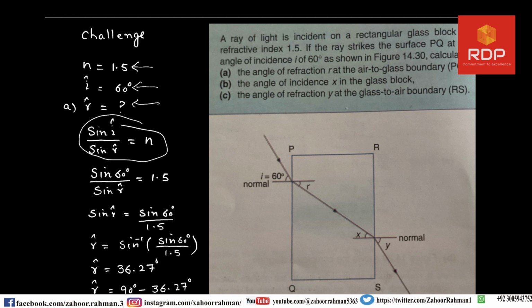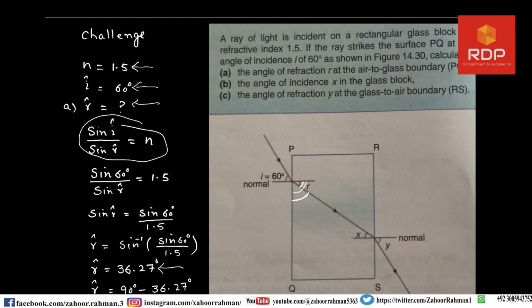Then rearranging it and finding this value, you will get 36.27 degrees. But that is not the ultimate answer, because we found this angle and actually we have to subtract this from this angle, so we will find this angle.